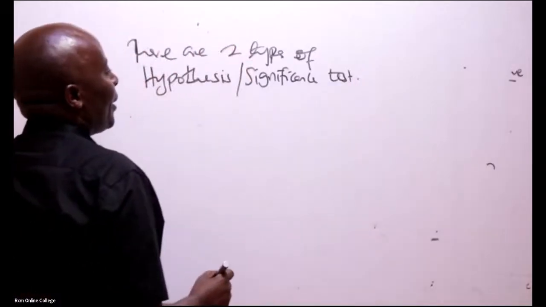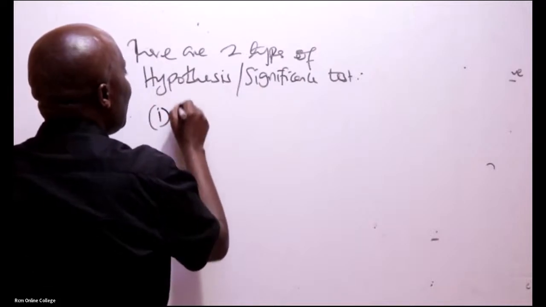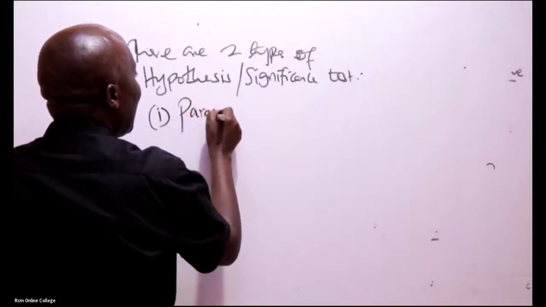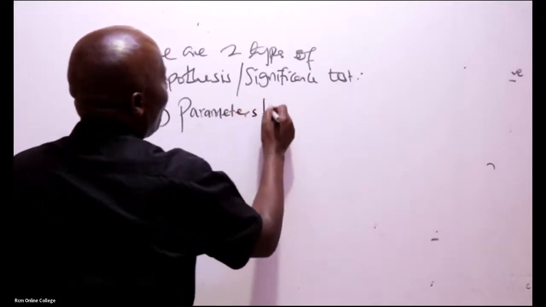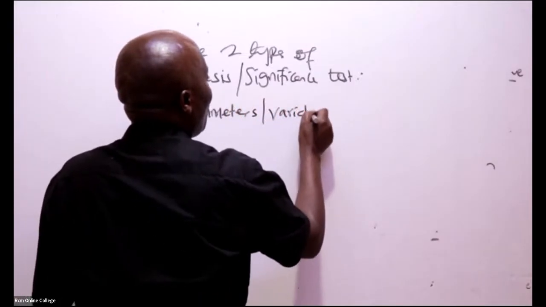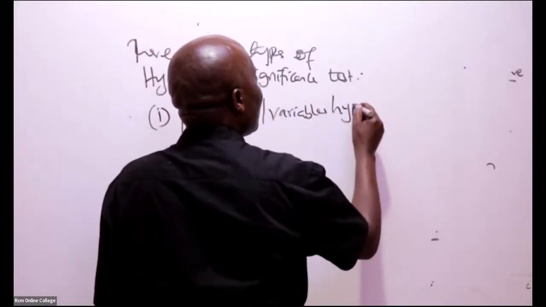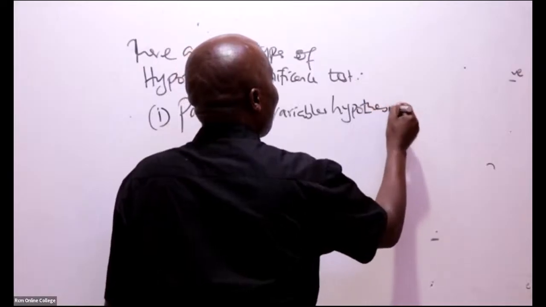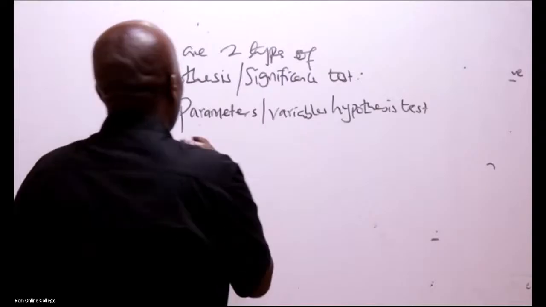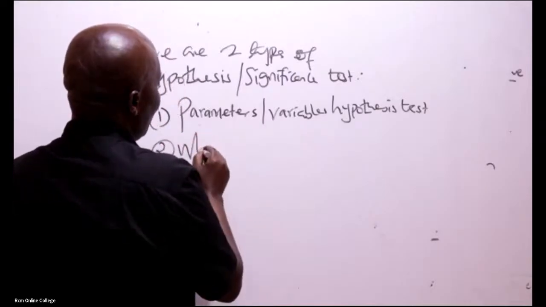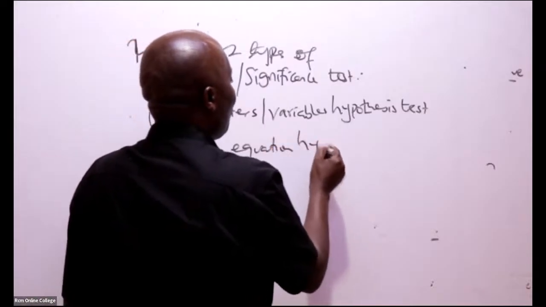Number 1, we have the parameters or variables hypothesis tests, and number 2, we have the whole equation hypothesis test.